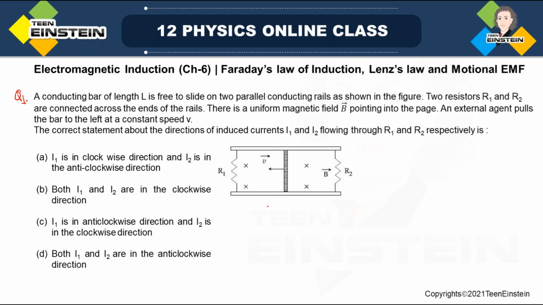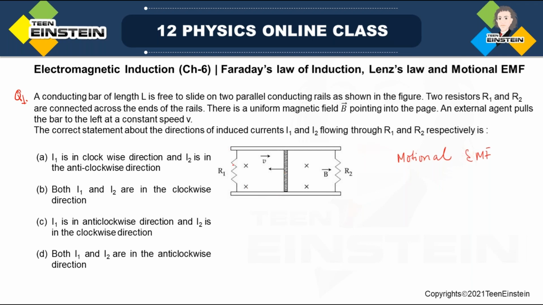So as you see the figure, this is a problem from motional EMF. As the conducting bar slides over the conducting rails, there will be a change in the flux. If you imagine this circuit on the plane of the paper, the magnetic field is entering into the plane of the paper, perpendicular to it.